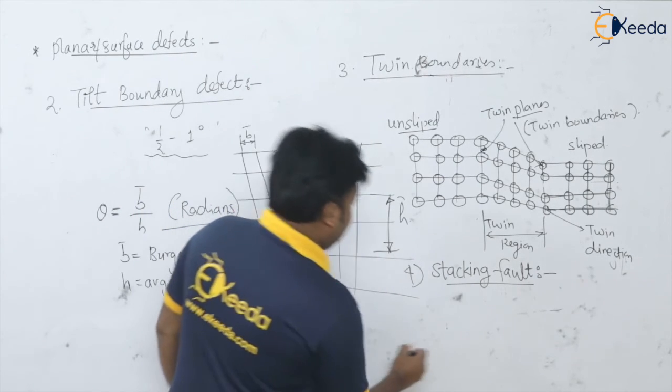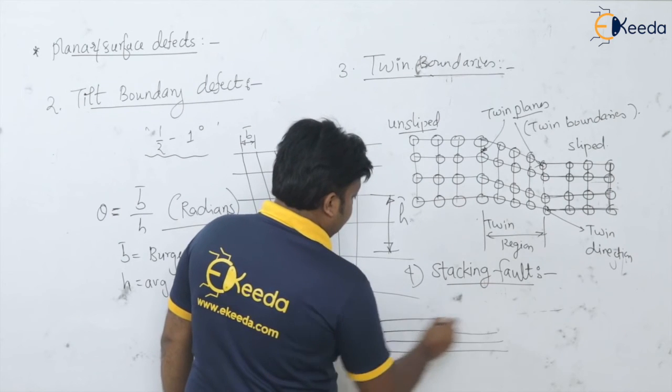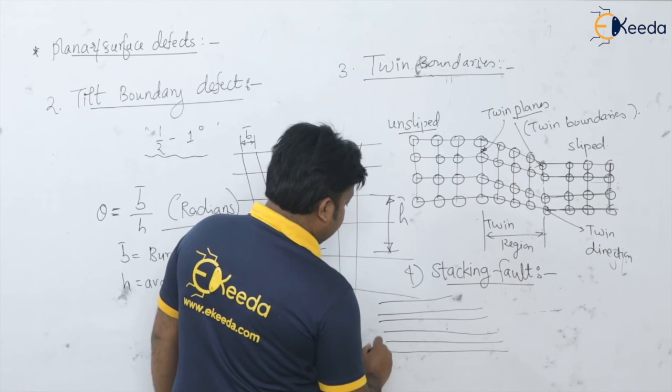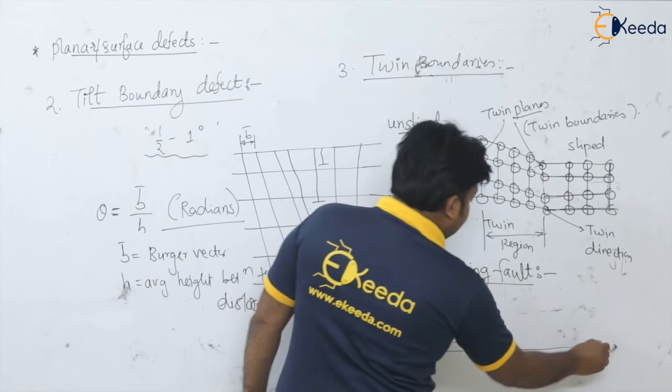Suppose I have a stacking sequence like this: A, B, C. And if I have some dissimilarity like this, this is A, B and C, and this layer has some dissimilarity.